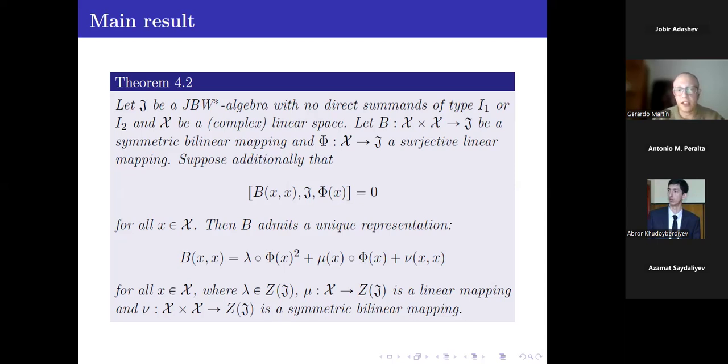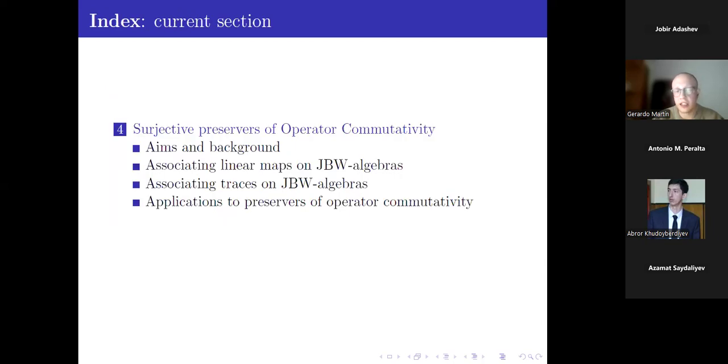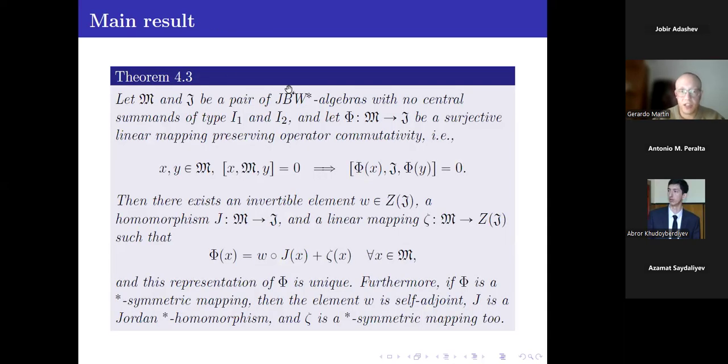Finally, we can use these two results for linear mappings and for traces in order to obtain the desired result for maps preserving operator commutativity when they are surjective. The result is the following. Let M and J be a pair of GBW star algebras with no central summands of type I1 or I2, and let phi be a surjective linear mapping preserving operator commutativity. In this case, we don't need to preserve operator commutativity in both directions; we only ask to preserve commutativity in one of them.